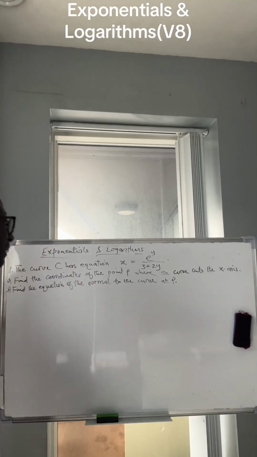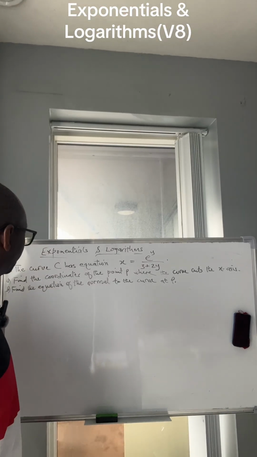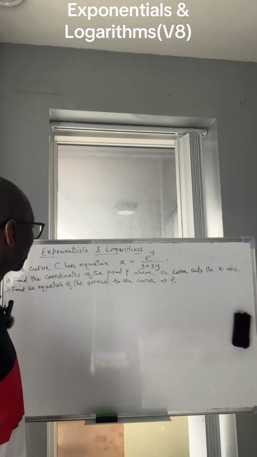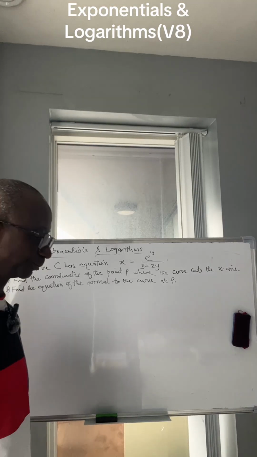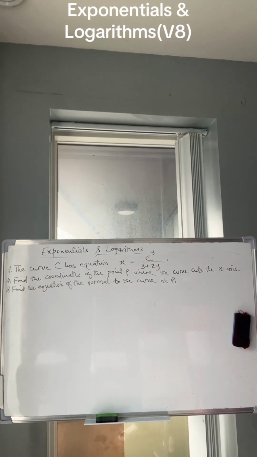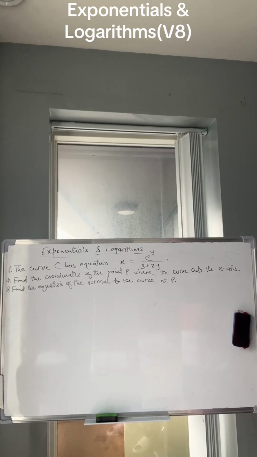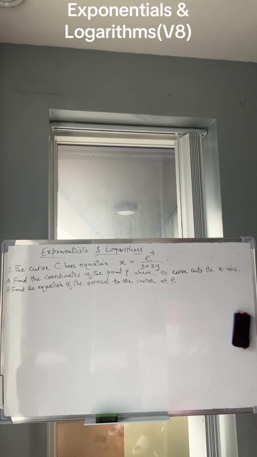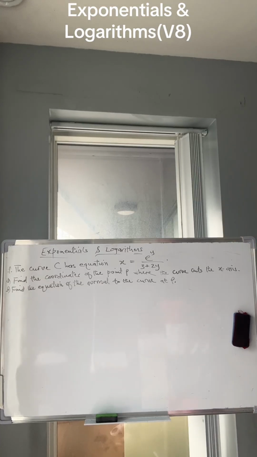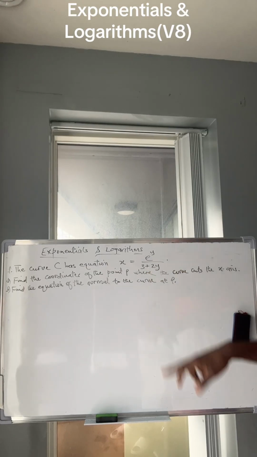We are looking at differentiating a problem involving exponentials and logarithms here. The question we have on the board reads, the curve C has equation x equals e raised to the y divided by 3 plus 2y.